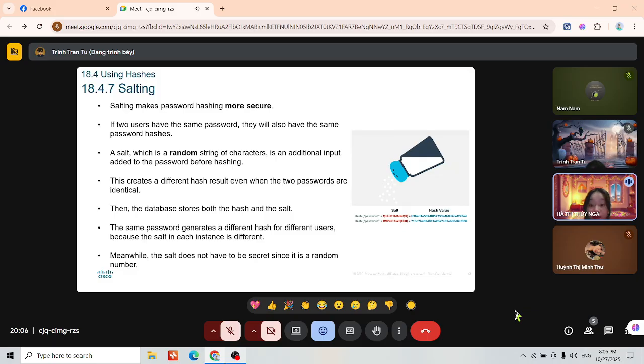Each user gets a unique salt, so even if two passwords are the same, the hash values are completely different. The system stores both the salt and the hash. When verifying, it combines the user's salt and password again, hashes, and checks for a match. The salt doesn't need to be secret, but it must be unique and never reused.